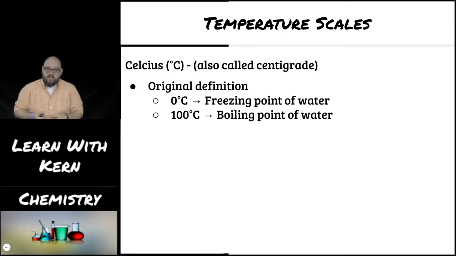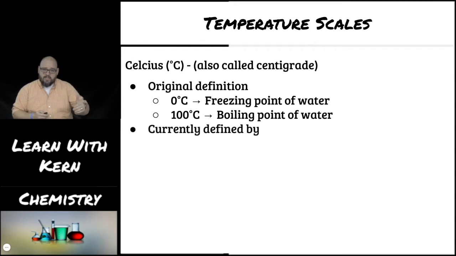But still, it was based off of 0 degrees as the freezing point, 100 degrees as the boiling point, hence the name centigrade, 100 levels between freezing and boiling. Now, currently, because a few years ago the scientific community redefined all of our SI standard base units in terms of scientific constants, the Celsius temperature scale was also redefined.